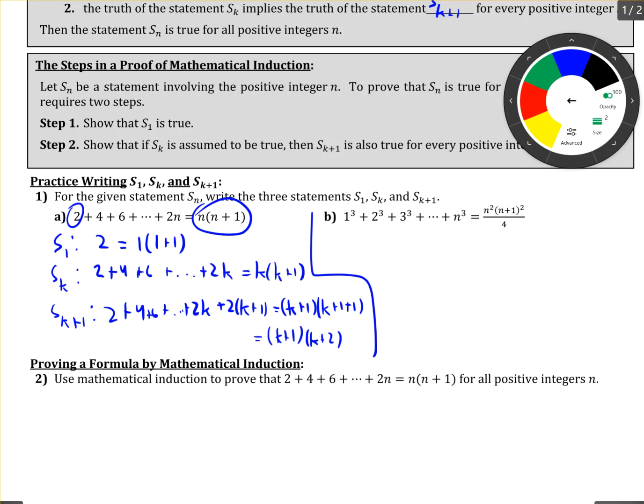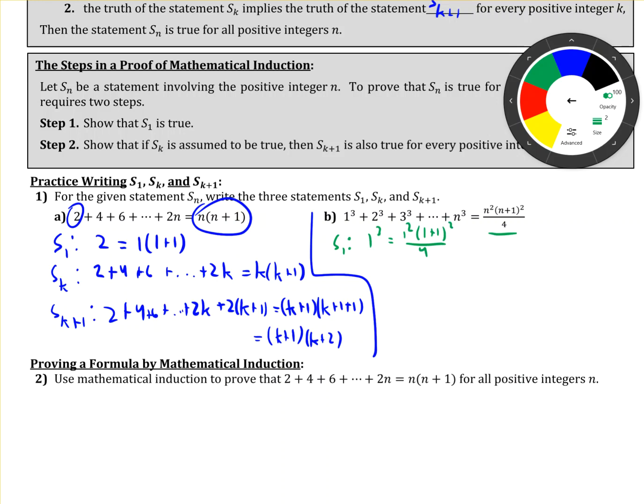So for part B, S_1 is the statement that 1 cubed equals, and now when I plug in 1 over here, it's going to be 1 squared times (1 plus 1) squared over 4, which is true, right? 1 times 2 squared is 4, divided by 4 is 1.